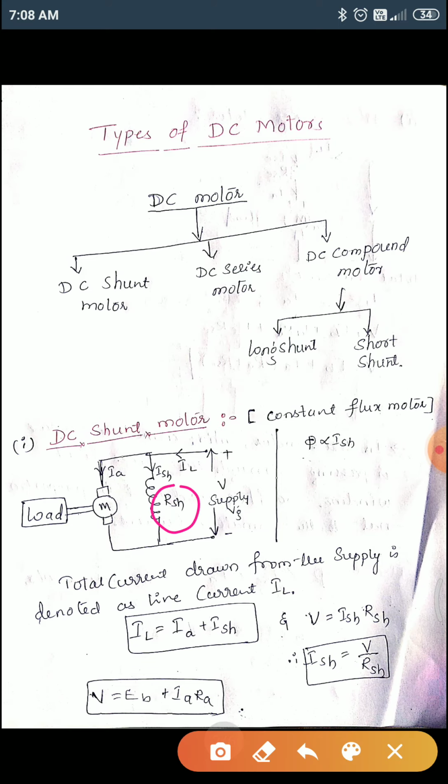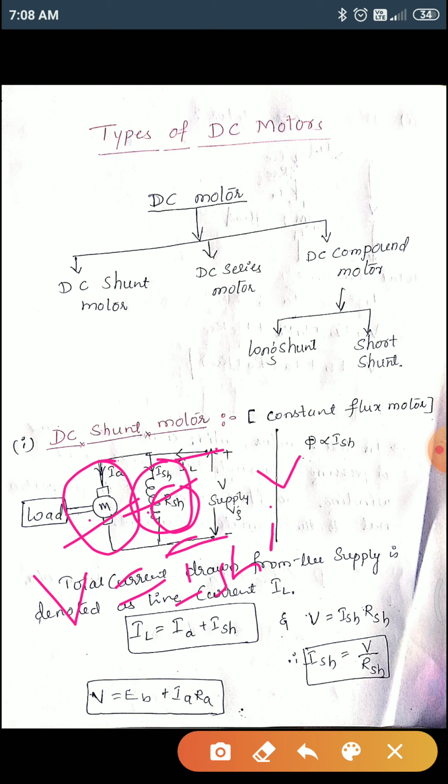The field winding and armature are both in parallel, and this combination is supplied by the supply voltage V. So all three are in parallel, and V will be equal to the voltage across the field, so V should be equal to ISH into RSH.